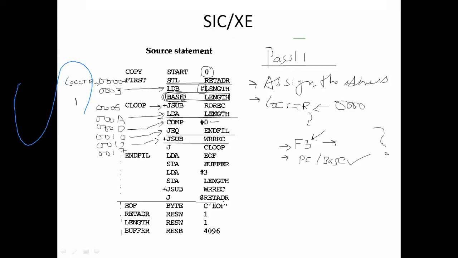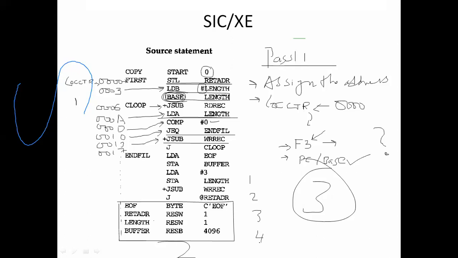Okay. Of course, the processing of assembler directives is almost the same, which we have done in our SIC standard model. Only for the instruction, you can observe the change, right? So in SIC, we simply incremented the value of location counter by 3, correct? But here, there is a difference. So it can be 1, it can be 2, it can be 3, or it can be 4.